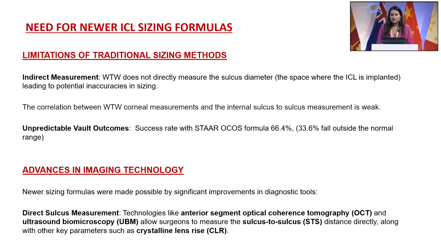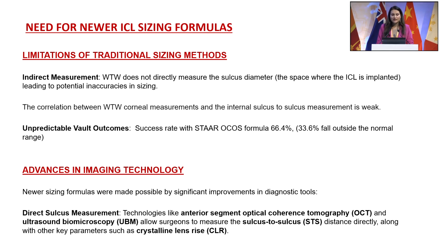So you can end up having unpredictable outcomes. The success rate with the Star OCOS formula has been found to be 66.4%, which means that you can get a vault of the accurate size, which is 250 to 750 microns, in about 67% of the cases. However, about 33% of the cases were shown to fall outside this normal range. Also, new formulae were developed because there were advances in imaging technologies.